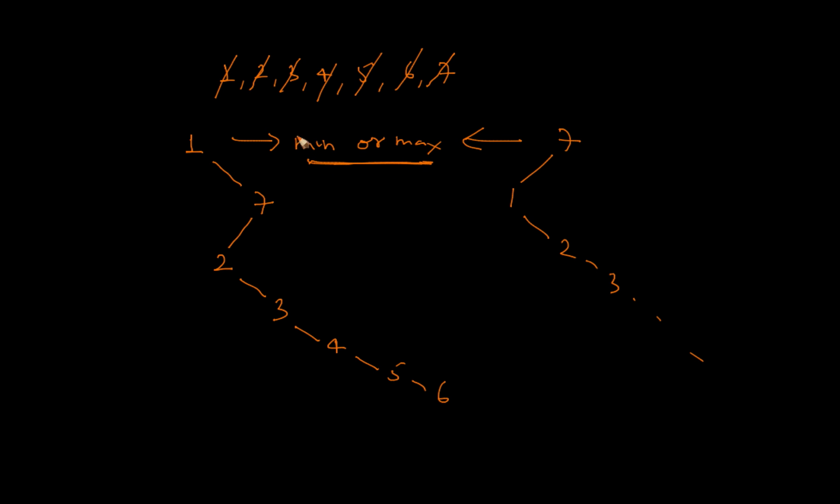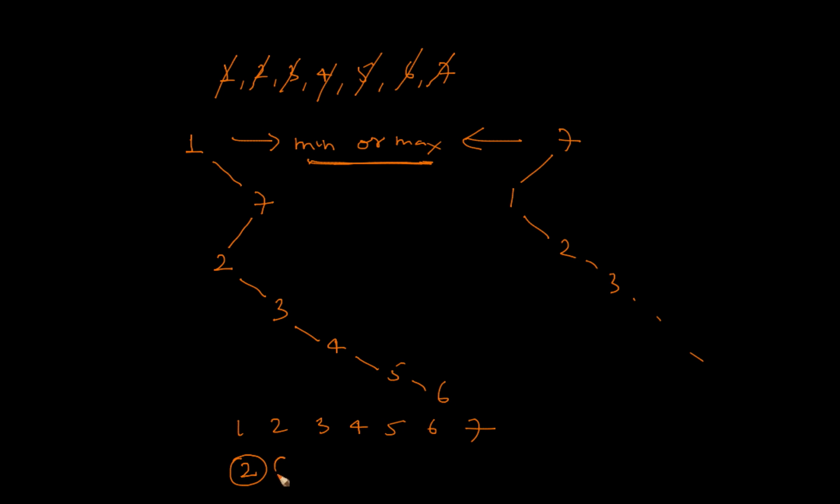Okay. So for 7 elements, 1, 2, 3, 4, 5, 6, 7, whatever node we are going to choose first, in how many ways can we choose it? We can choose in 2 ways, isn't it? Among these we can choose minimum or maximum.